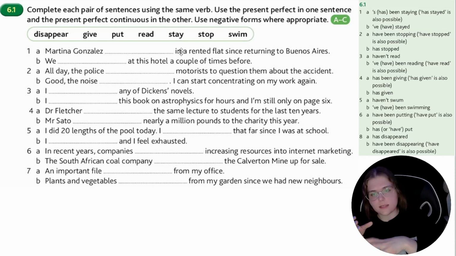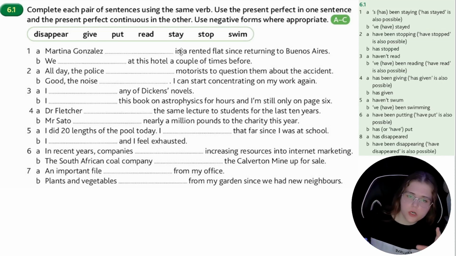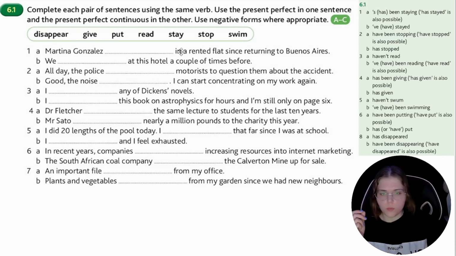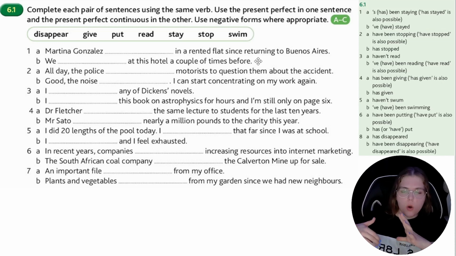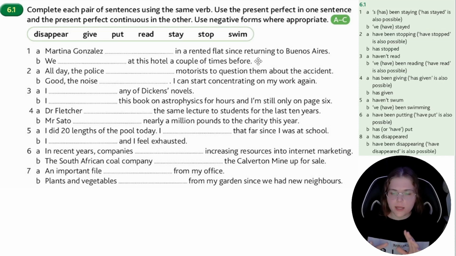It has been continuing for some time, and now maybe she's there now, maybe not. We have stayed at this hotel a couple of times before. A couple of times before means that we have only 2 times of it in our life story, and now it's just a number. There is no connection with the process.